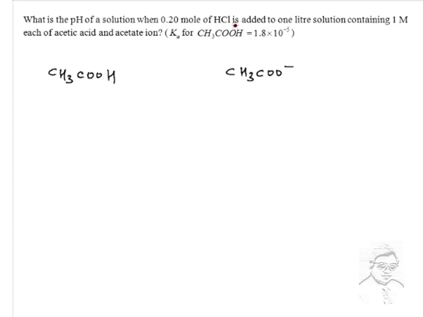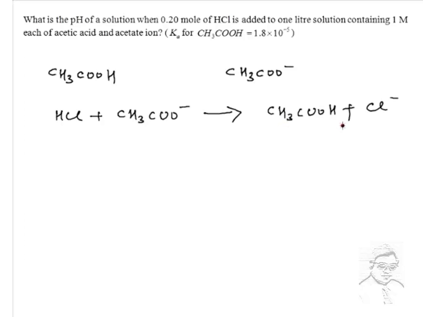And when you add something like HCl, then HCl will react with the base present in the solution. And due to that, acetic acid concentration will increase and acetate ion concentration will decrease.